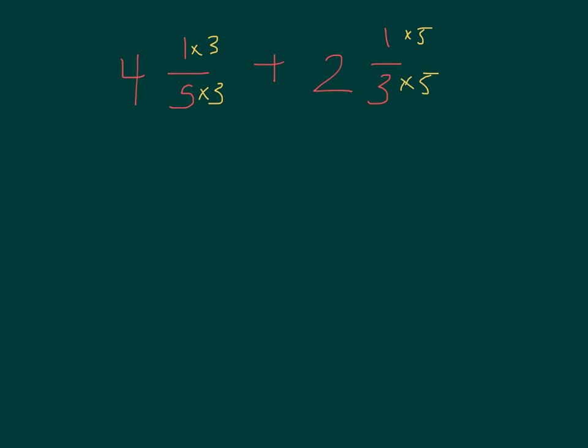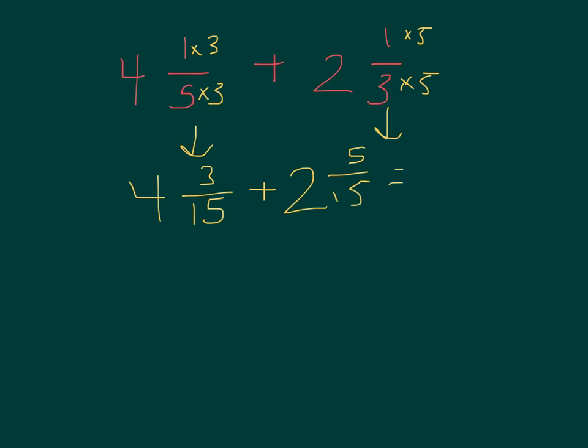When I rewrite this, I have 4 3/15 plus 2 5/15. When I add them together, I add the fractions first, which is 8/15. That's in simplest form. And 4 plus 2, which is 6, for a grand total of 6 8/15.